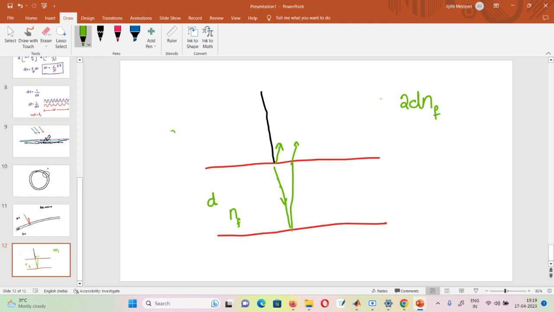If your light is moving from a rarer medium to a denser medium, like air to glass or air to water, or air to any medium which has a refractive index more than that of air, then if it is reflecting, the reflected wave will have an extra phase difference of pi. A 2 pi phase difference corresponds to a lambda path difference, so a pi phase difference corresponds to a lambda by 2 path difference. Got it?